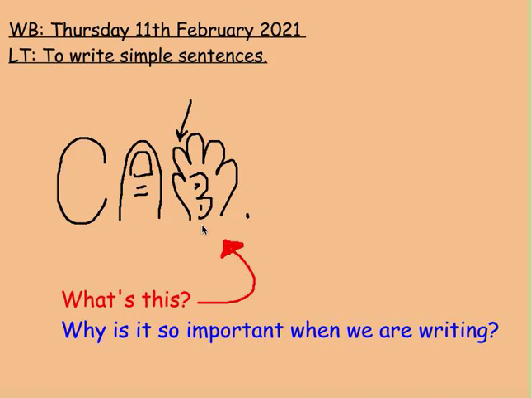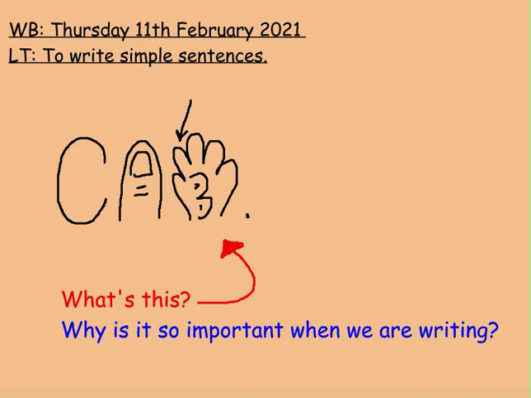Can you remember what it means? Yes, it means we must remember to pinch those sounds on our fingers. And this at the end, super duper important. What is it? I'm sure you'll tell me. It's a full stop. We need all of these things every single time we write a sentence.